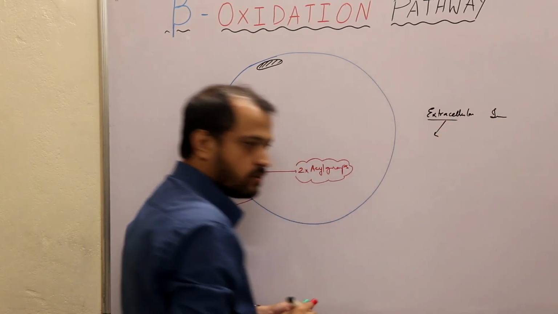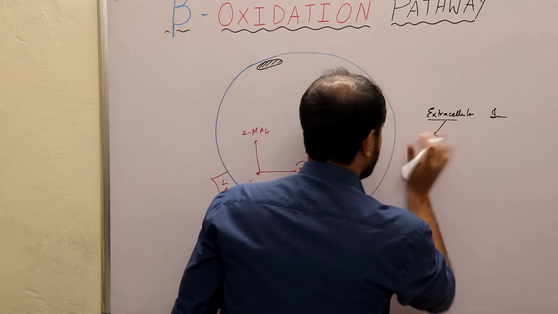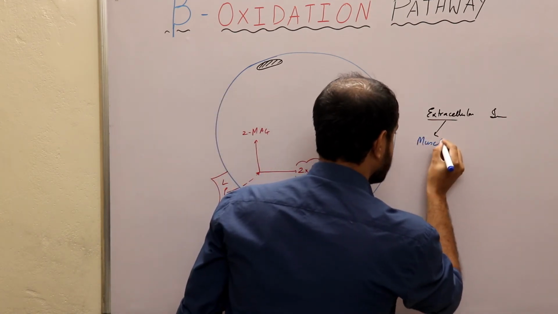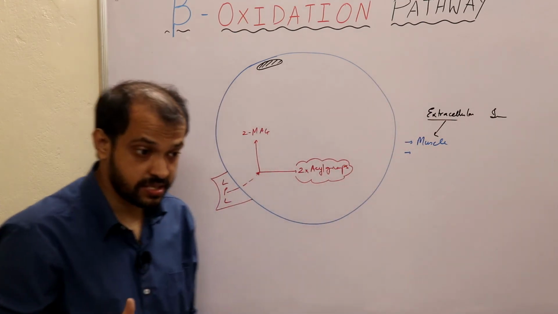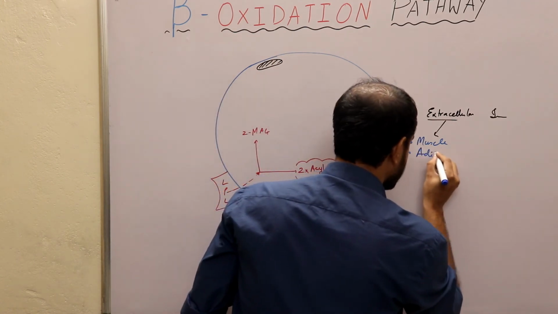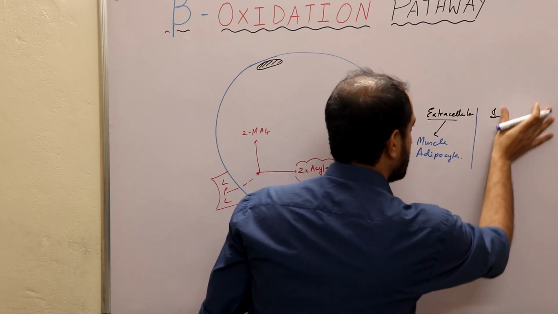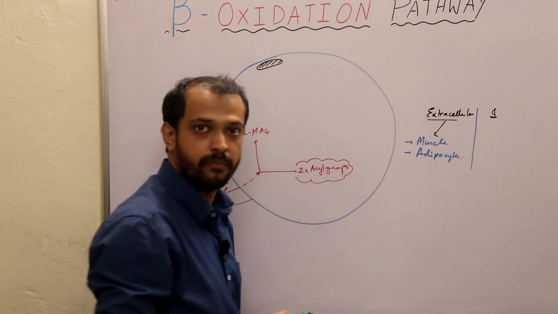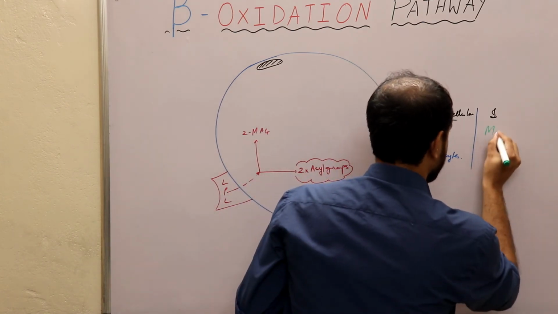If I tell you in which cell it takes place, the first thing that should come into your mind when I am talking about the cell in which beta oxidation takes place is muscle and adipocyte. These 2 cells are enough. But whenever talking about the intracellular compartment of beta oxidation, you should always understand the proper answer is mitochondria.